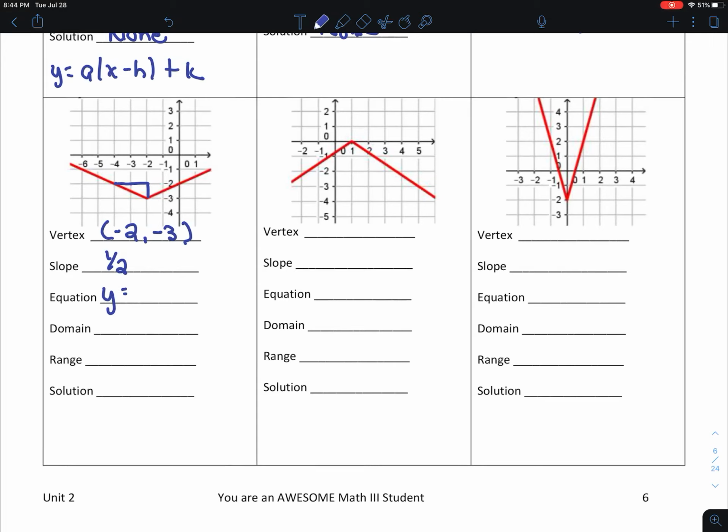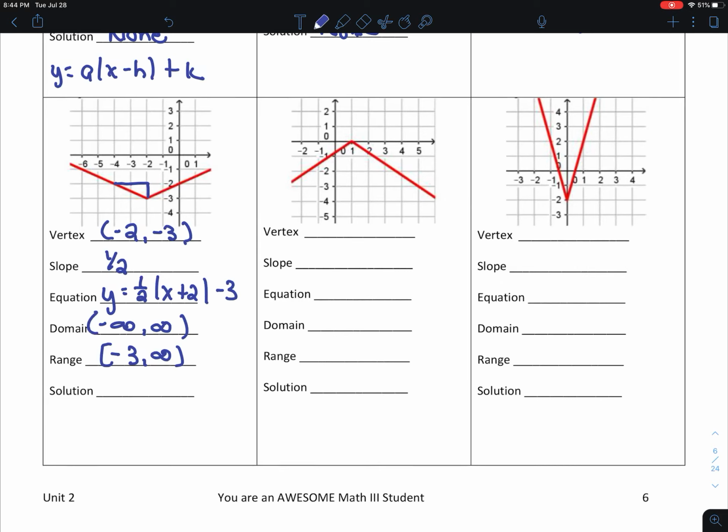Went up 1 over 2. So that makes my equation y equals 1/2 absolute value of x plus 2, minus 3. My range, the smallest y is -3, so it goes from -3 to infinity.